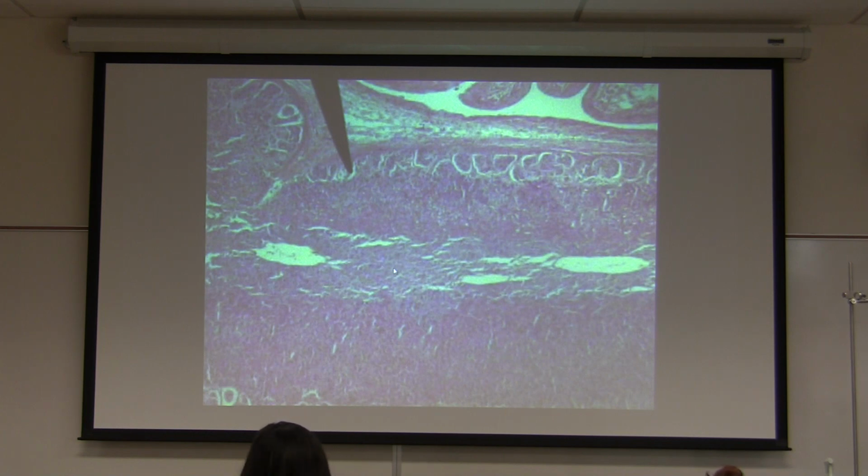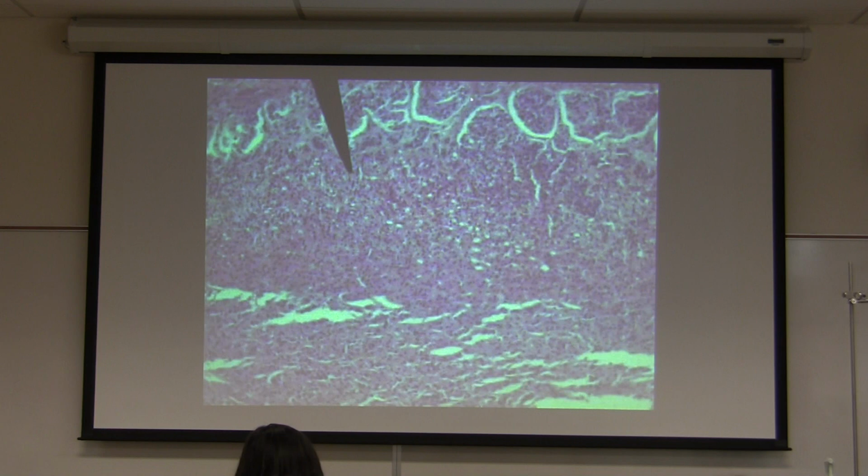It's called adrenal medulla. Here is a high magnification: zona glomerulosa, zona fascicularis, zona reticularis, and then adrenal medulla.